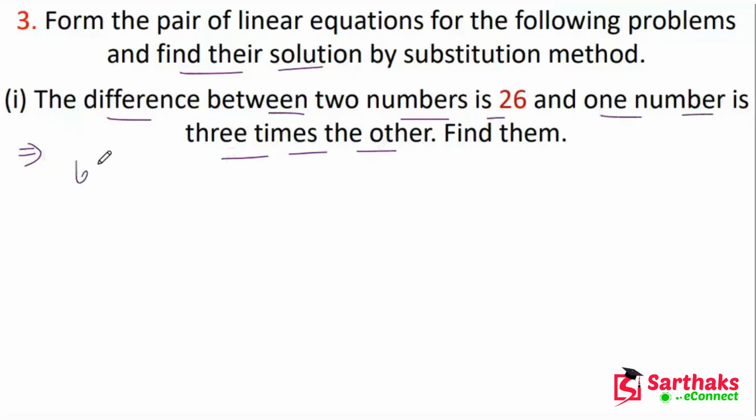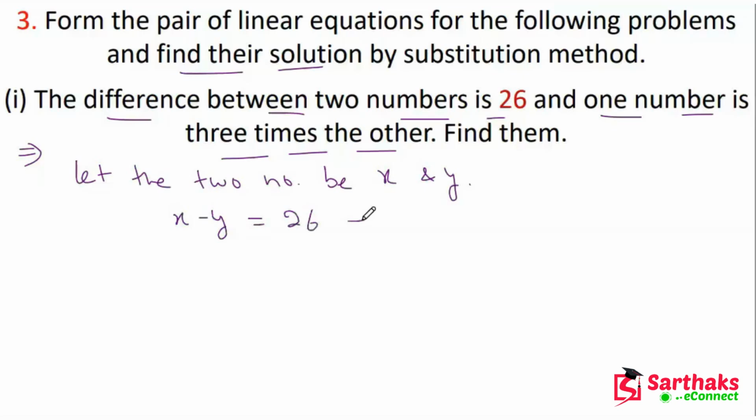Means first of all, let the two numbers be x and y. We have two numbers x and y, and it is given that the difference between two numbers, means if we take x minus y is equal to 26.